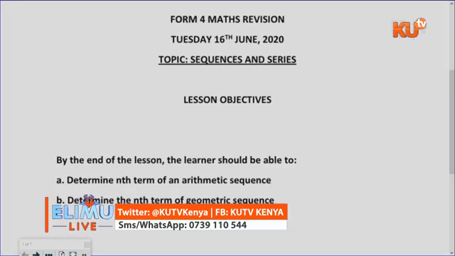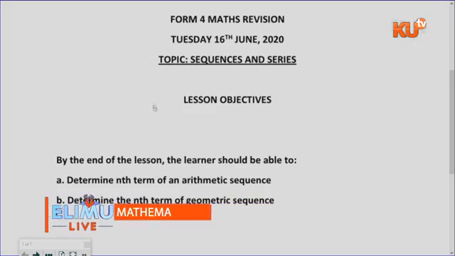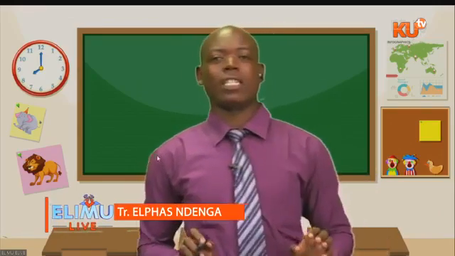Before we look at what each of these objectives has to do with, it is important to understand where we are coming from in this topic. If you all remember, in your primary mathematics, you looked at something we call number patterns.